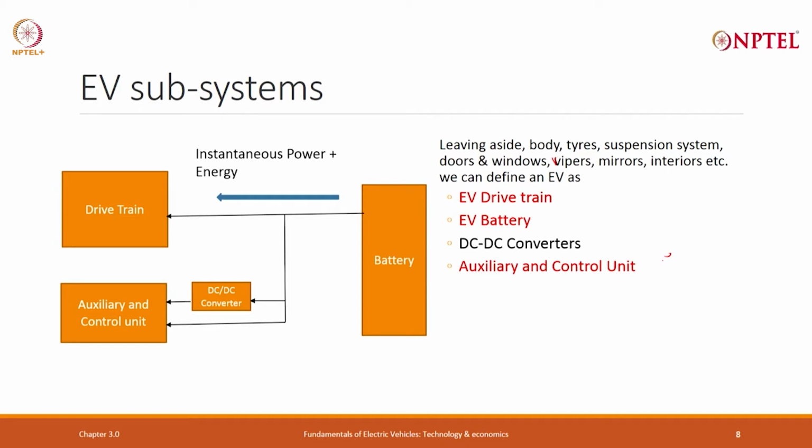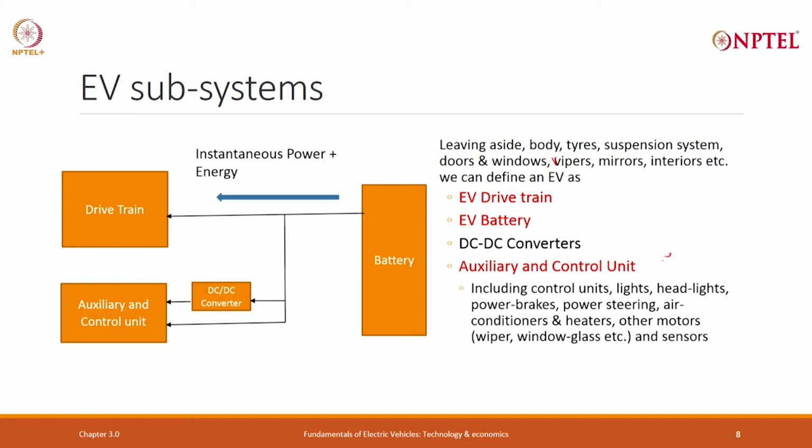So it is primarily a drivetrain and EV battery, the two most important things. Then there is a DC-DC converter, so that the voltages you need can be obtained, and the auxiliary control unit. Essentially power is required by these three: drivetrain, battery and auxiliary control units. The control units include the VCU, headlights, power brakes, power steering, air conditioners, heaters, other motors, wipers, window glass, and a whole lot of sensors.